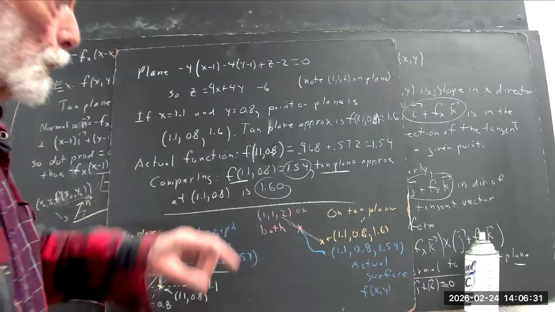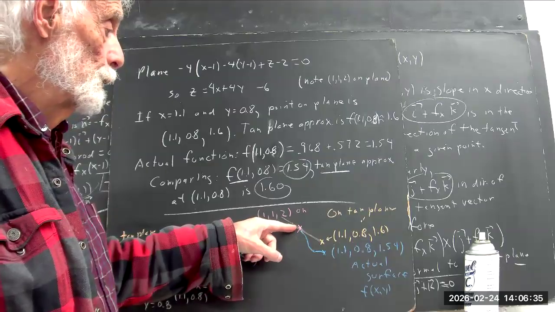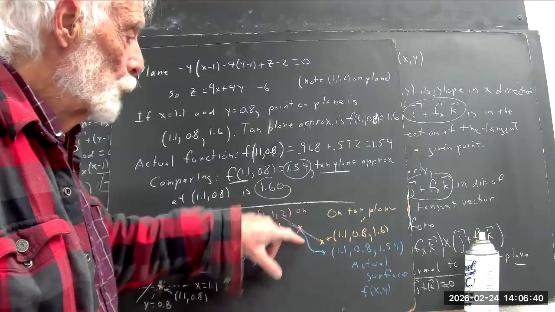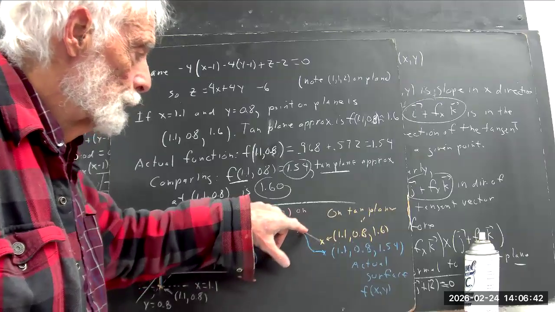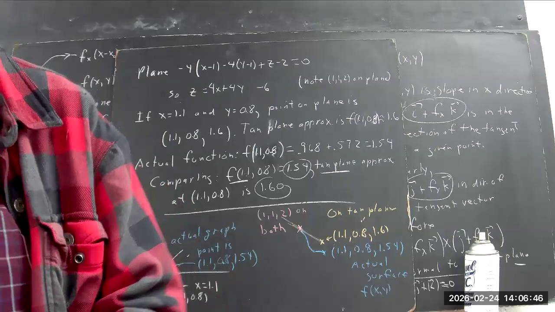The big idea is the closer I am to the point 1, 1, 2, the less difference there tends to be between the surface and the tangent plane, less distance. Okay?